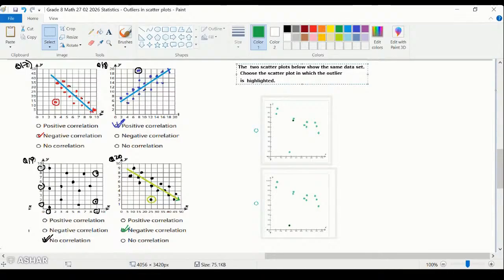Let's try to find which option would be option A, option B. This is our question number 1 from the test.